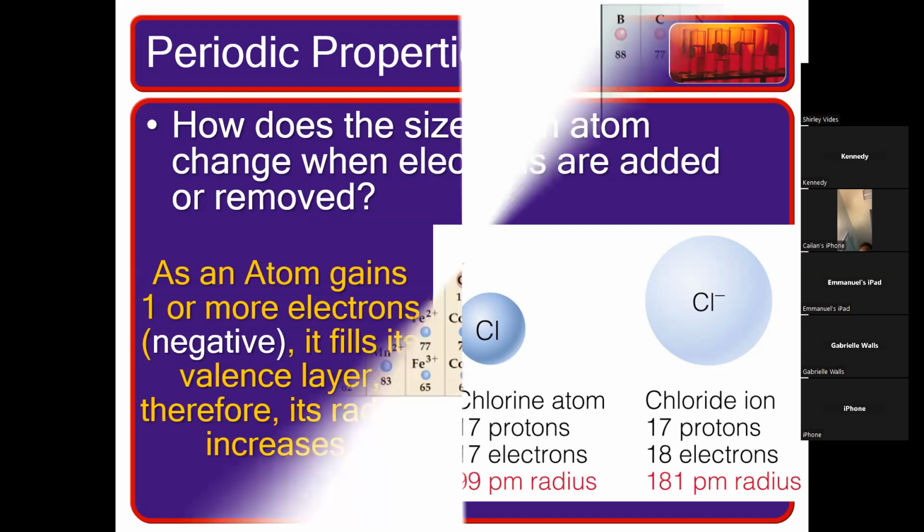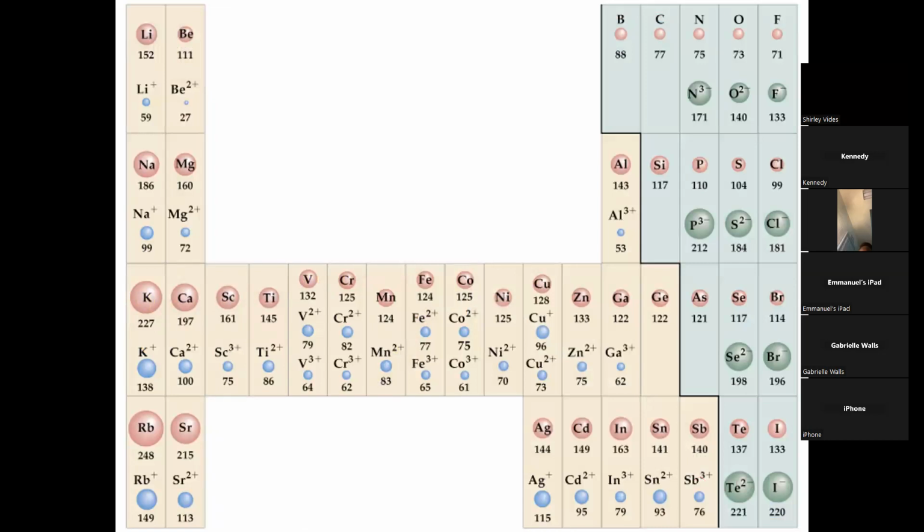Okay, so let's look at the trend right here. All the yellow or beige, whatever color you see, are the metals, and all the green are the non-metals. When you look at this, you can really see the trend.